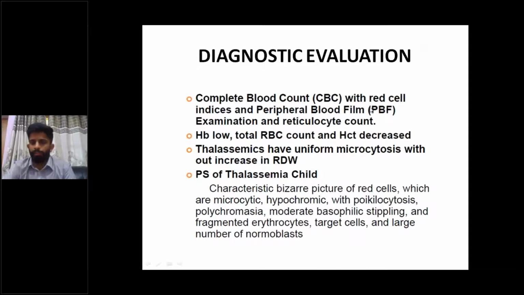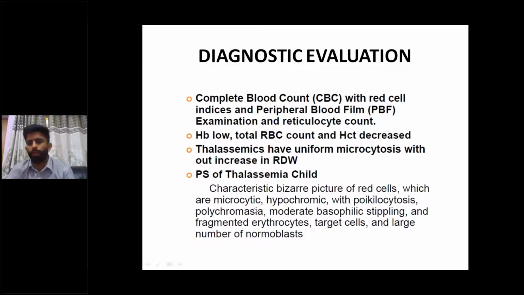Thalassemia and iron deficiency anemia both present with a microcytic hypochromic picture. Here below you can see the peripheral smear of a thalassemia child, which will have a characteristic bizarre pattern of red cells, which are microcytic hypochromic with poikilocytosis, polychromasia, moderate basophilic stippling, fragmented erythrocytes, target cells and a large number of normoblasts. The peripheral smear of an iron deficiency child will have the same except for fragmented erythrocytes, but the red cell distribution width is high in iron deficiency anemia because the microcytosis is not uniform.